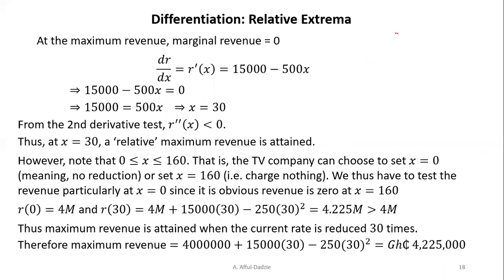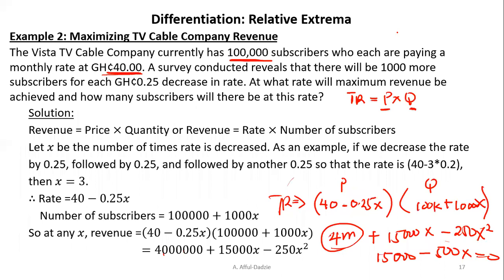Okay, so you remember we said we're trying to give you an analogy here, right? We said that if we reduce by 0.25, then 0.25, 0.25, when we reduce 0.25 160 times, we would have 0. So just put 0.25 into 40.